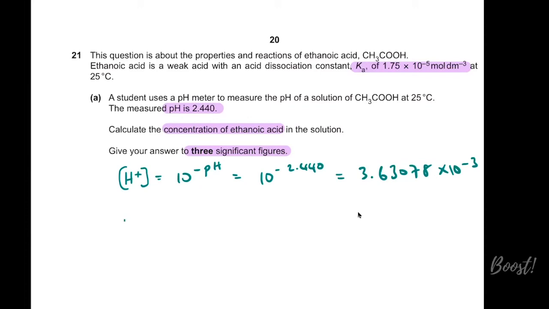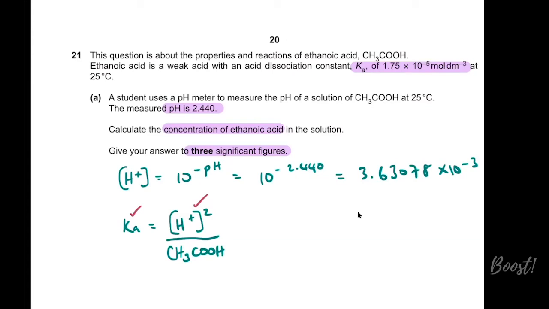So Ka equals [H+] squared divided by [CH3COOH]. So if we're thinking about that, the bottom there is our HA, but we've been given the formula for our ethanoic acid, so we may as well put that into our equation. We know Ka, we've just calculated H plus, so now we can rearrange the equation to find the concentration.